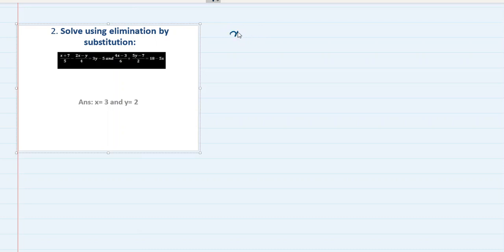So the equation is x plus 7 upon 5 minus 2x minus y upon 4 is equal to 3y minus 5. This is one equation.